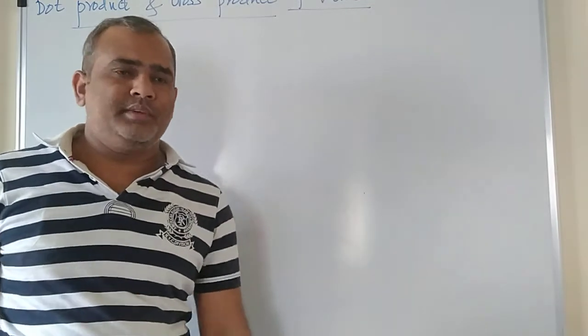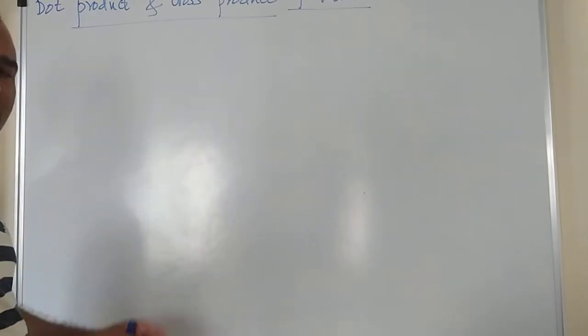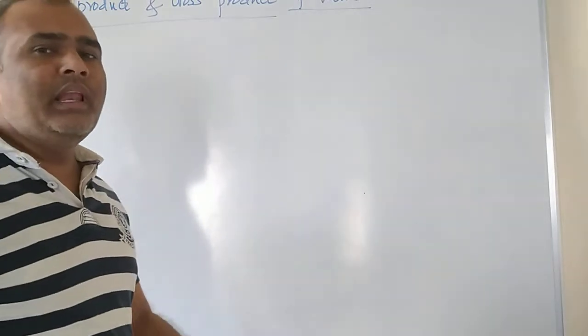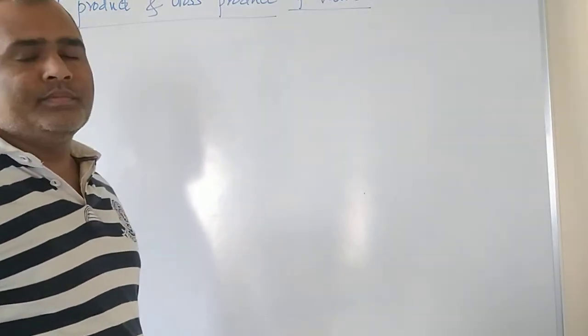And its physical significance. Before moving to the dot product, what is meant by dot product and cross product? These things you have also studied in the 11th and 12th standard, so you are well aware of this. But still, let us recap that.